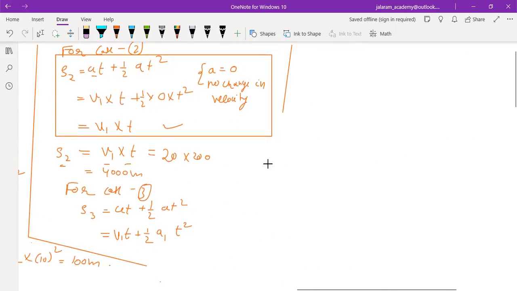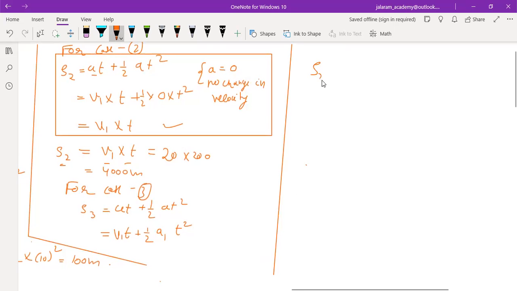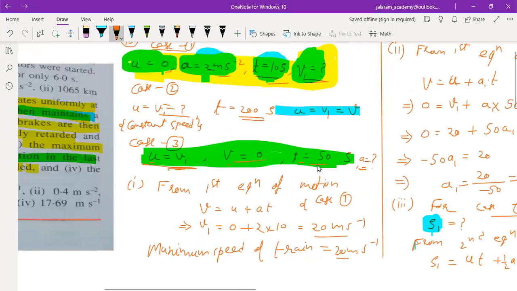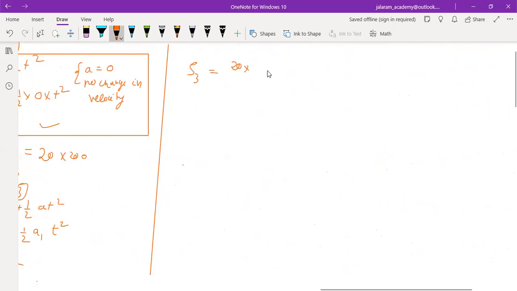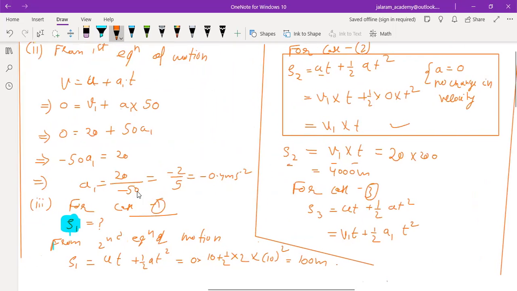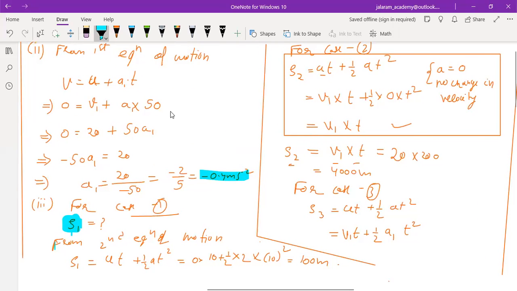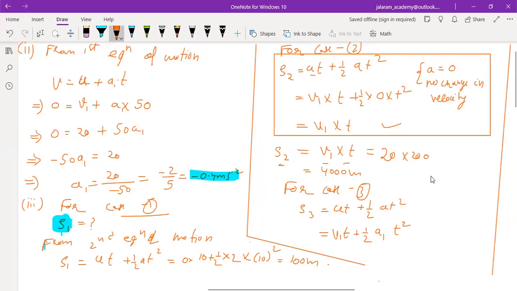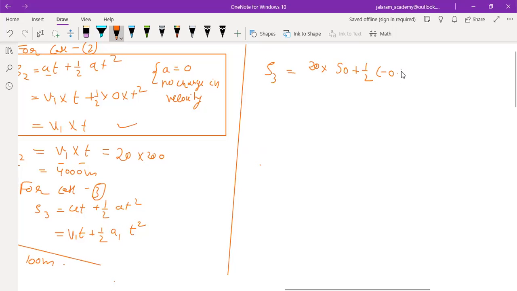So now when we find the displacement in the third part, it is v1 into t. v1 is 20, and t is for the last 50 seconds, plus half into a1, where a1 is the retardation we calculated in this part, minus 0.4 meter per second square, into t square, which is 50 square. 20 into 50 is 1000, minus 1 by 2 into 0.4, 0.2, into 2500.